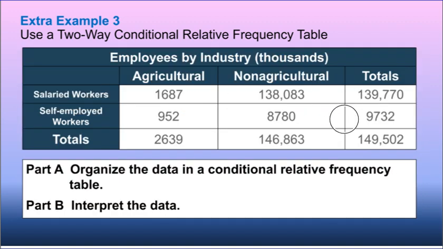So we are comparing going down vertically. So I'm going to have to divide by the totals of each one of these. So this one, I'm going to divide this by 2639. And these are going to be divided by 146,863.